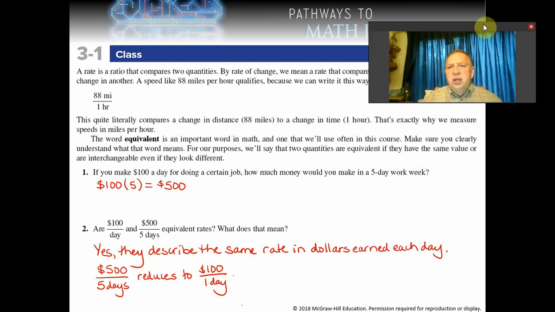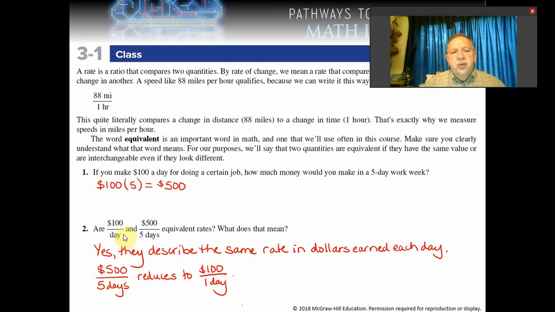So we would like to know, are $100 a day and $500 per 5 days equivalent rates? Is this different? Are we making a different amount of money this way than we are this way? So they describe the same rate in dollars earned each day.